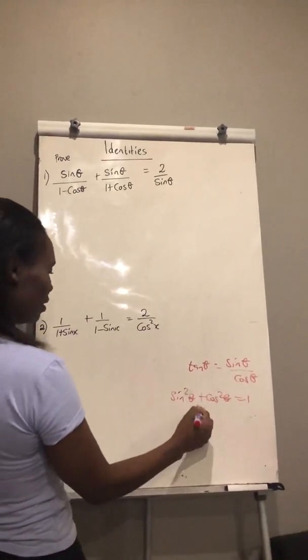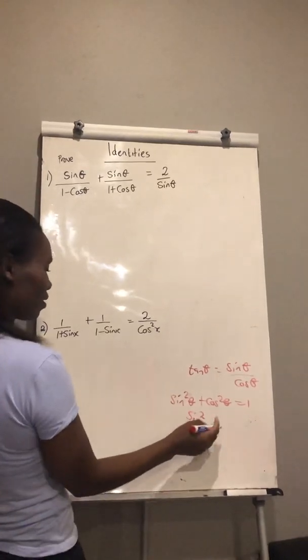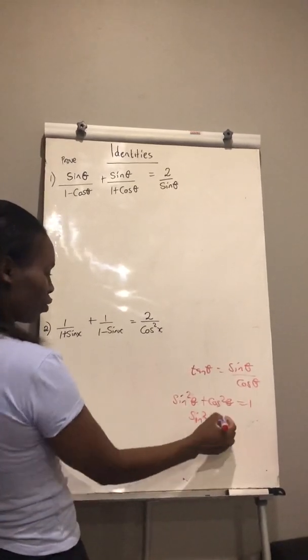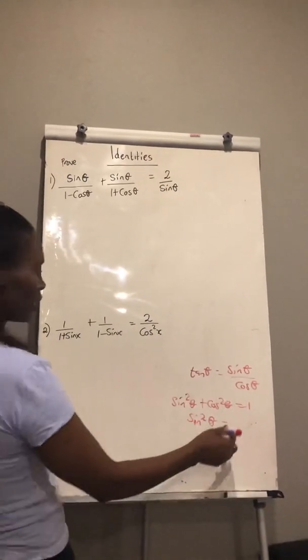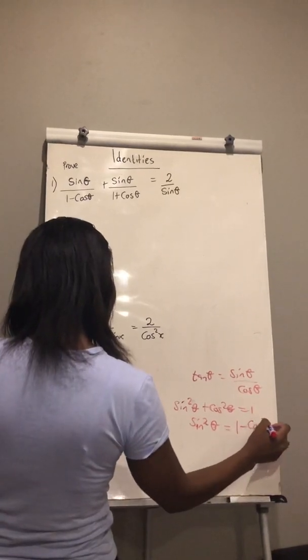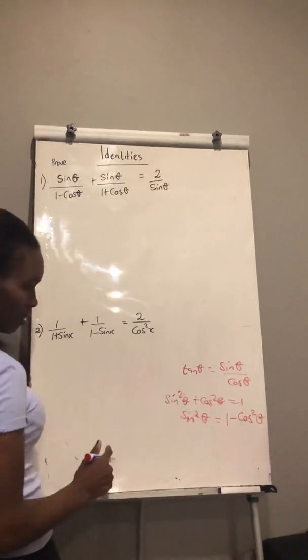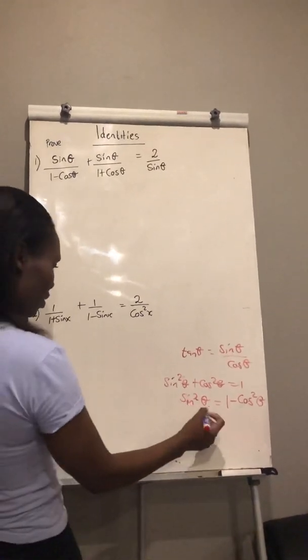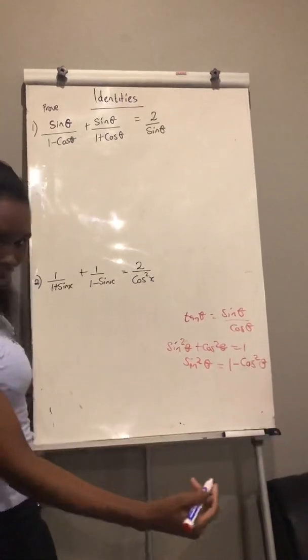On a lesson that we had before, I once said if you have sine squared theta and you want to express it in terms of cosine, you can write it actually as 1 minus cos squared theta. You can see that that is possible if you make sine squared theta subject. So again, at times you may want this and at times you may need brackets.